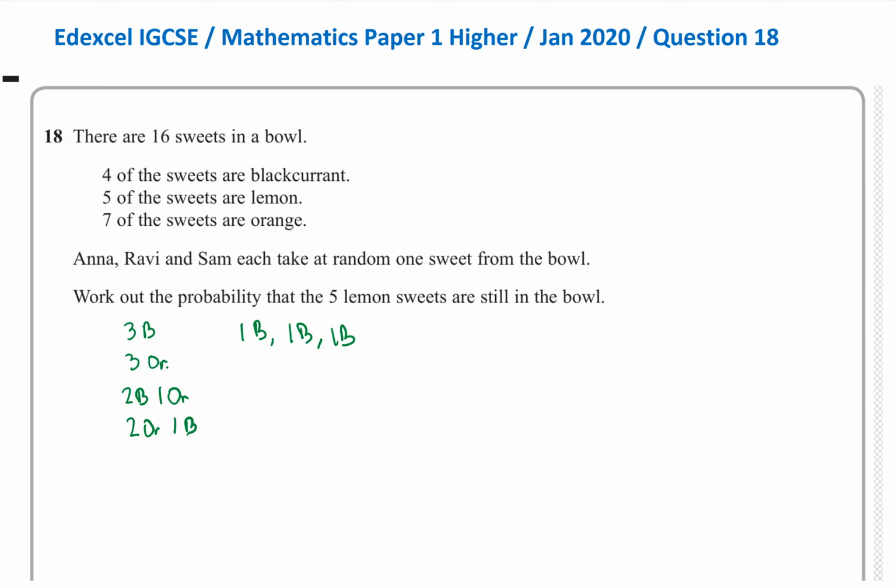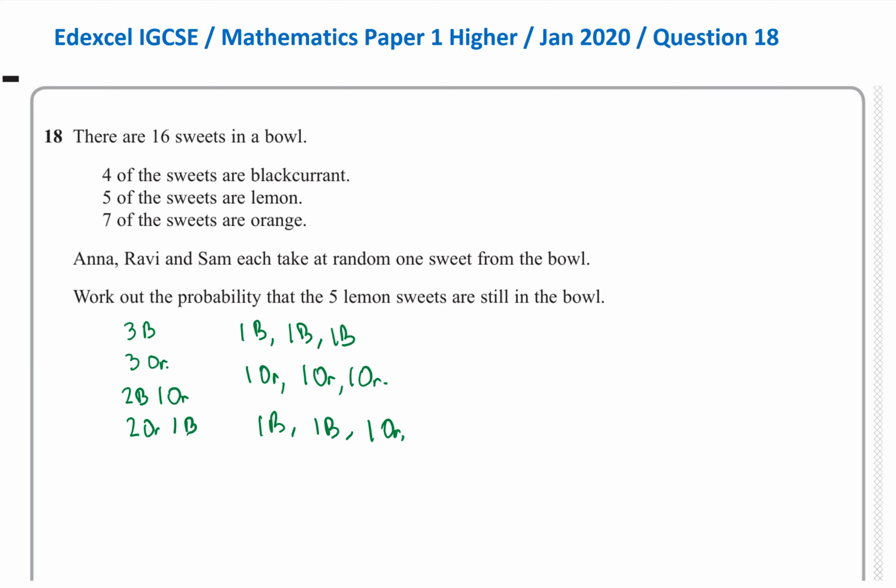The second thing could be 3 orange, so one person picks 1 orange, the other person also picks an orange, the third person also picks an orange. And then the 2 blackcurrant and 1 orange. Now it could be 1 blackcurrant, 1 blackcurrant, and 1 orange, and all other combinations of these.